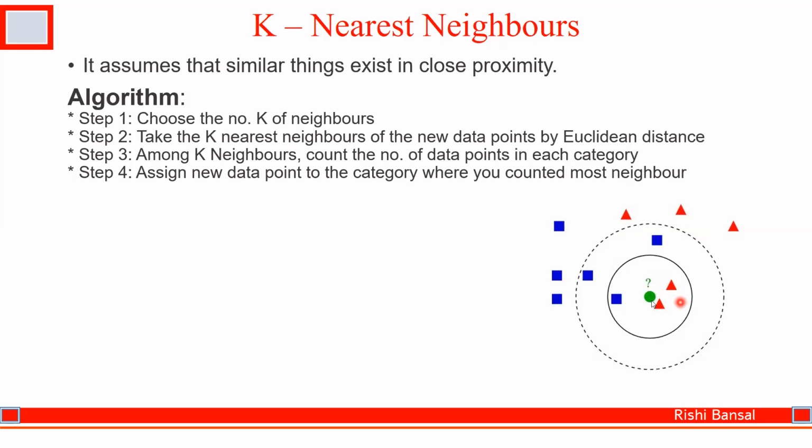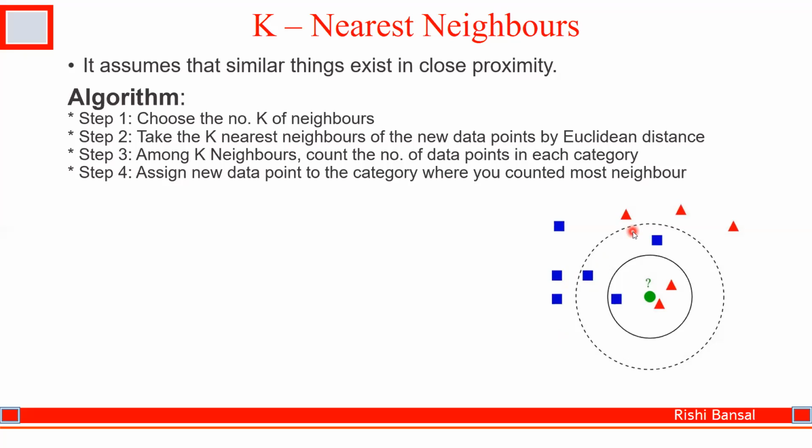These are closest to the green point, which is the point for which you need to predict, to put it into some category. This time we have two readings from red triangle and 3 readings from blue square. So this time the new reading will go into blue square.